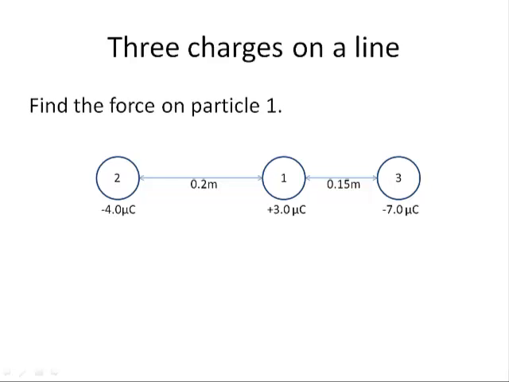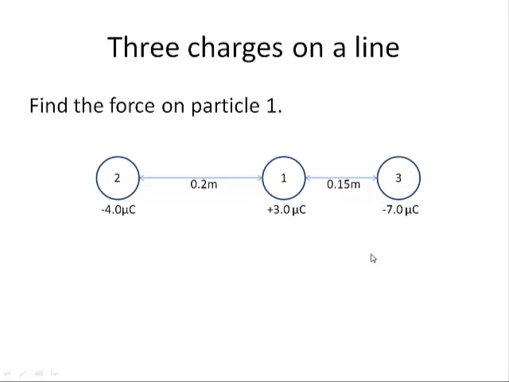If there are 3 charges in a line and we want to find the force on particle 1, what we could do first is look at the interaction between particle 2 and particle 1 and sort of ignore that particle 3 exists.